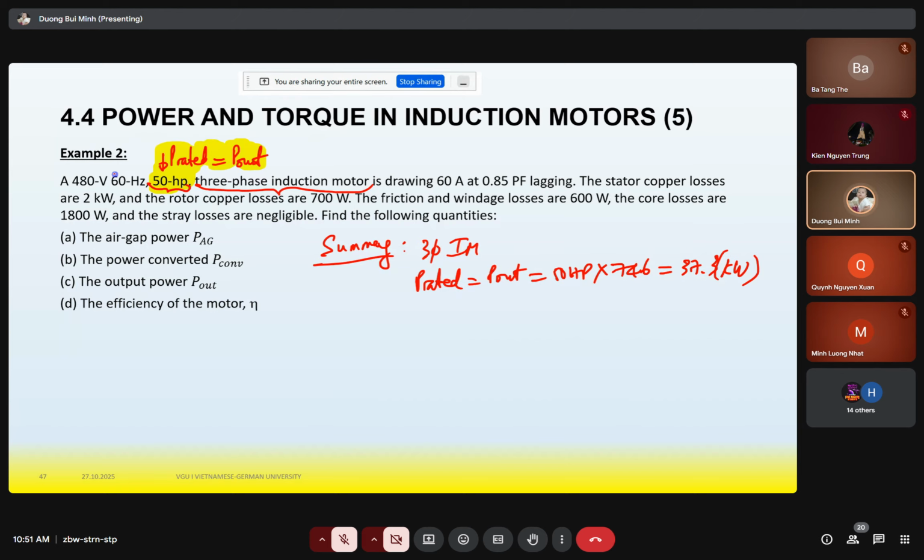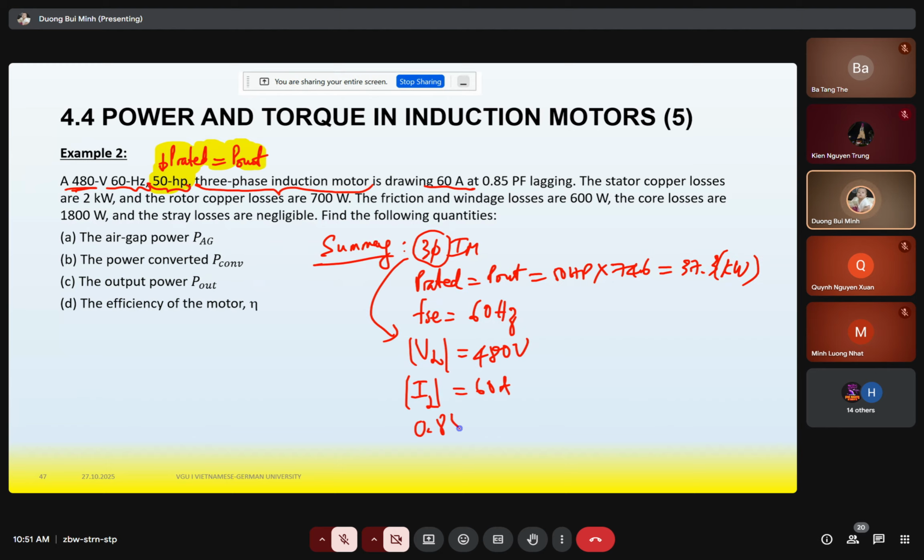What else? The frequency. This one is fse, 60 hertz. Voltage: this is three phase, so the voltage here is always line voltage. Remember that. You get 480 volts. The motor is drawing 60 amperes, so they give us IL. For three phase, the current is also line current, 60 ampere. This is lagging, right?